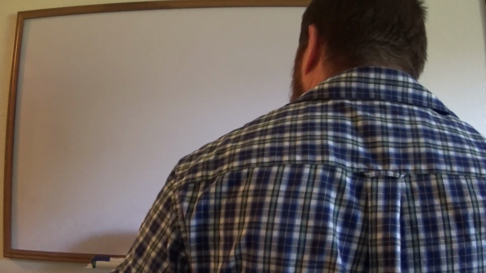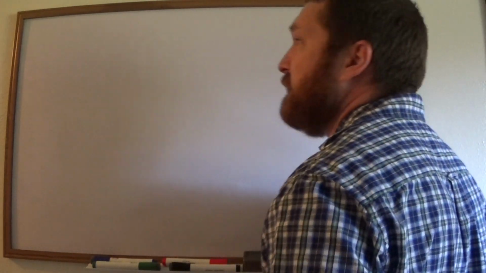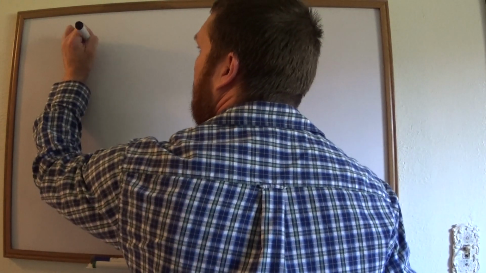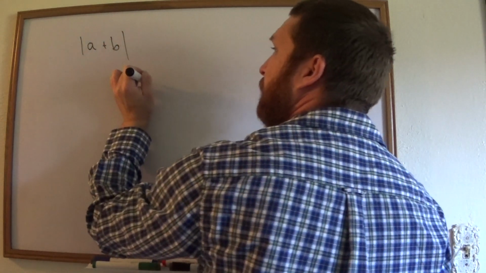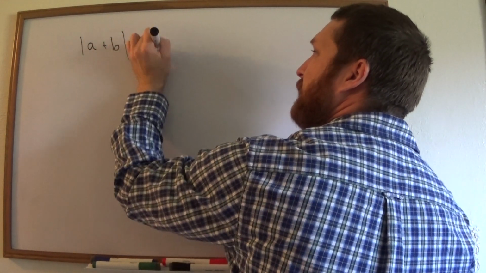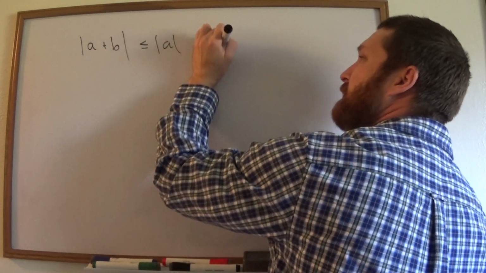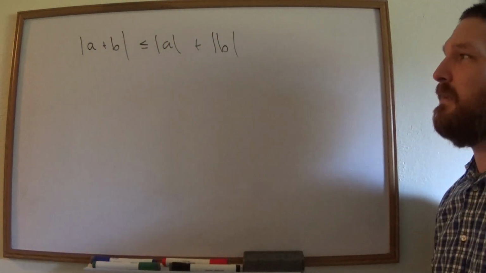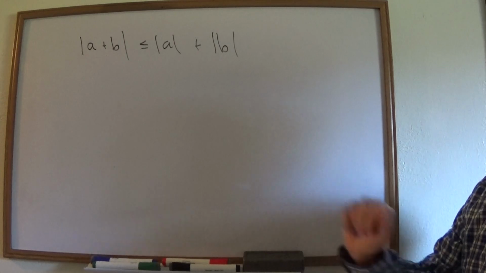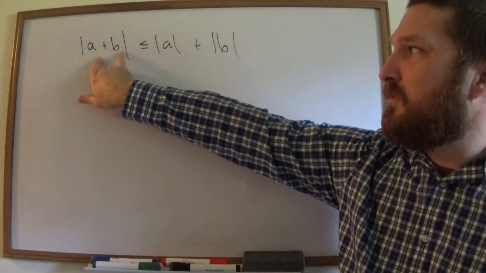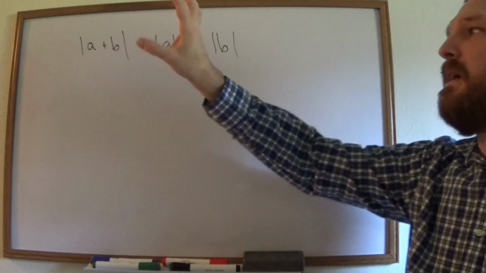Okay, so here we go. One quick thing that we have to do is the triangle inequality. The absolute value of A plus B is less than or equal to the absolute value of A plus the absolute value of B. Does that make sense? Think about it this way. These are just two numbers, and they're either positive or negative.